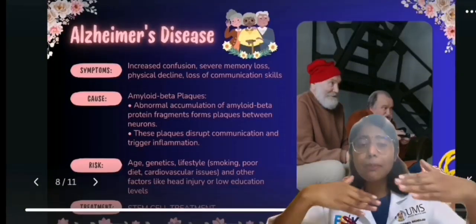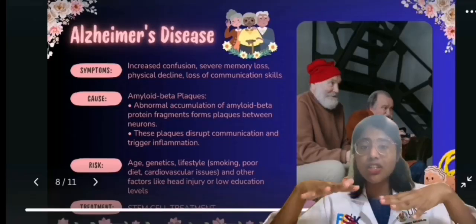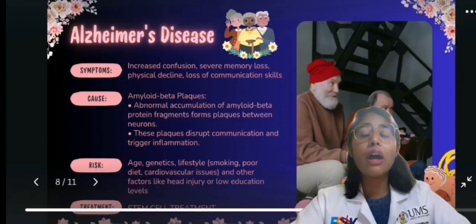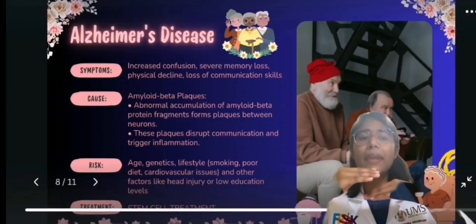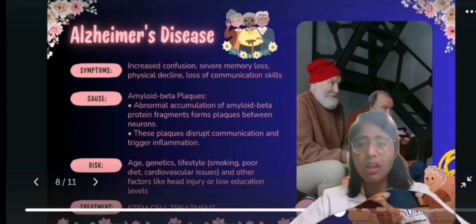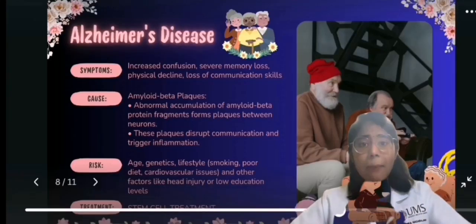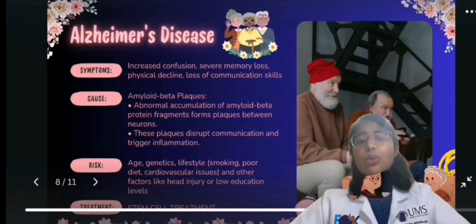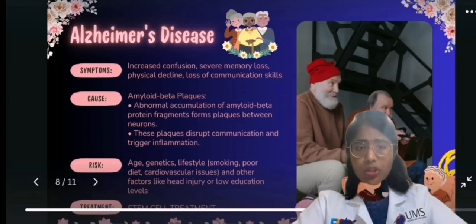While they attempt to clear the plaques, this constant activation causes inflammation, which further damages the neurons. So this becomes a vicious cycle where the amyloid beta plaques build up, the microglia overreact, and the neurons are harmed further, leading to uncontrollable neurodegenerative disorder.